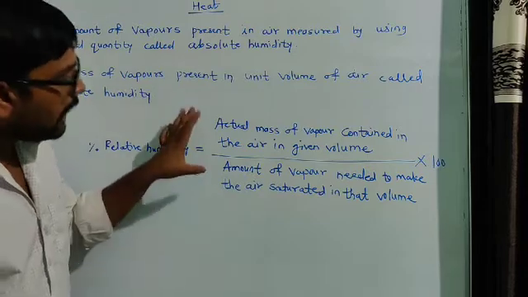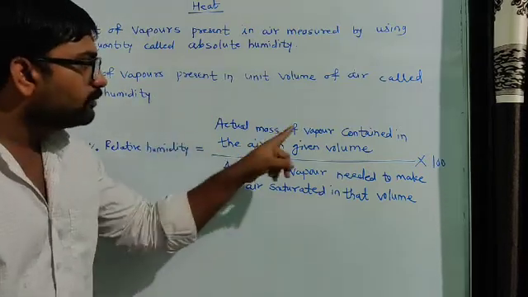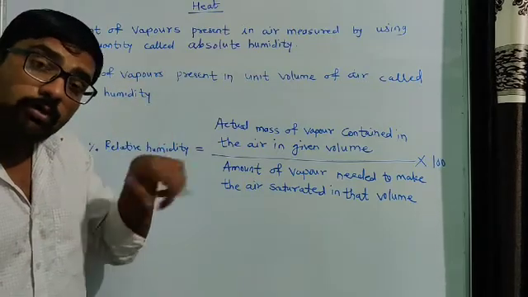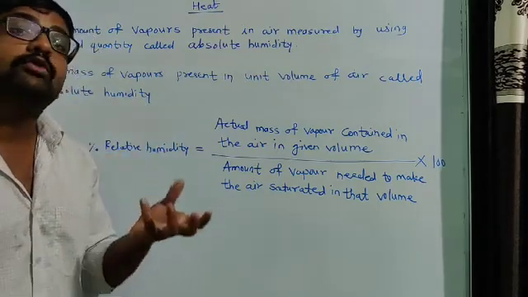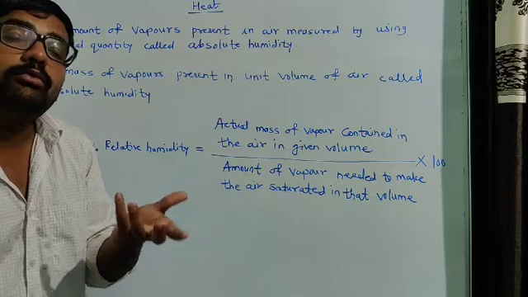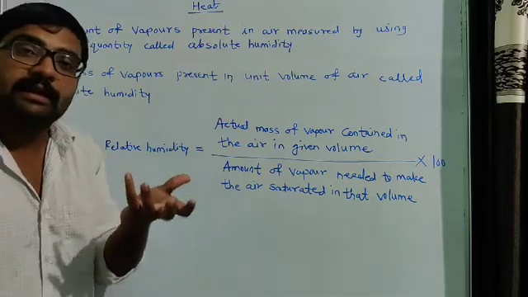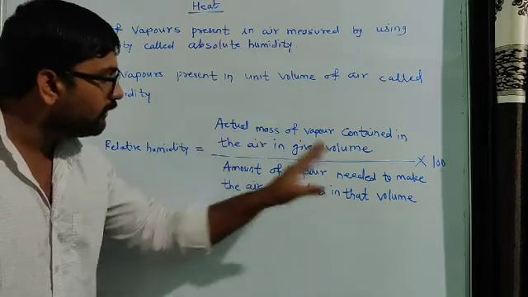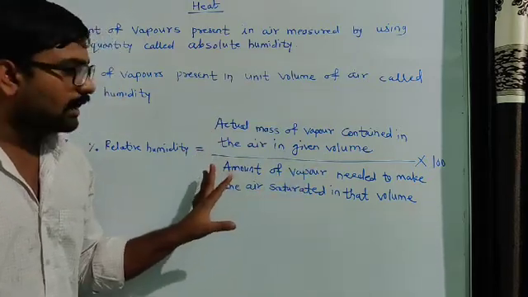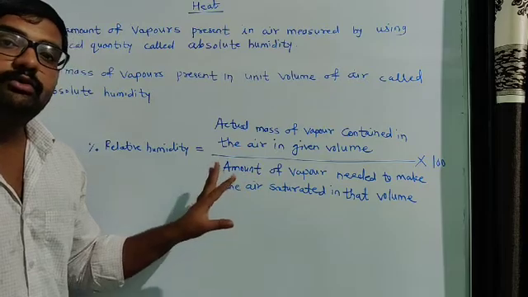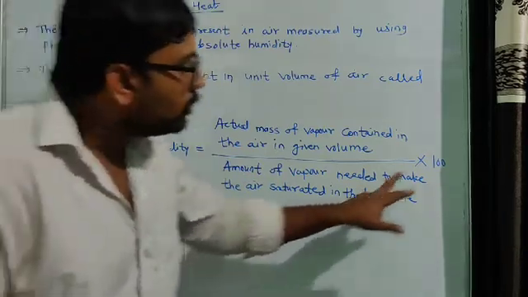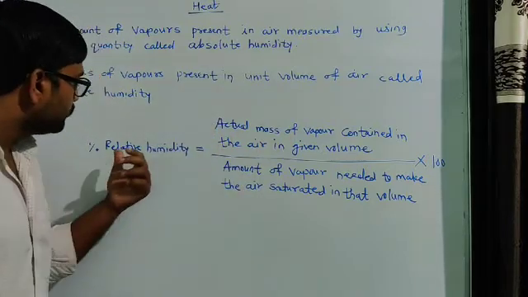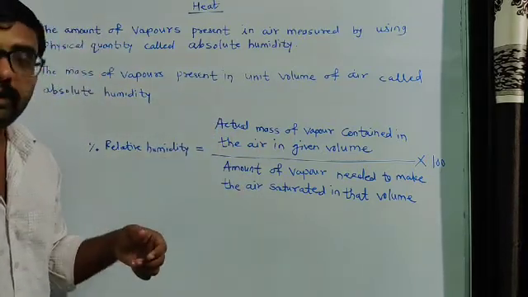So we take the ratio of the mass of water vapor present in that volume divided by how much water vapor is needed to make that volume saturated, multiplied by 100, and that is called the percentage relative humidity.